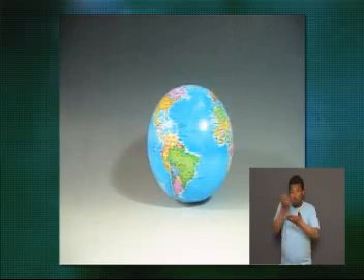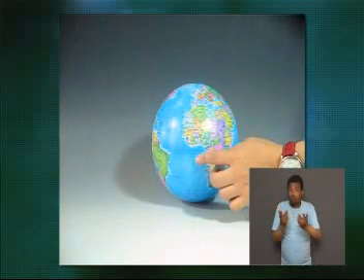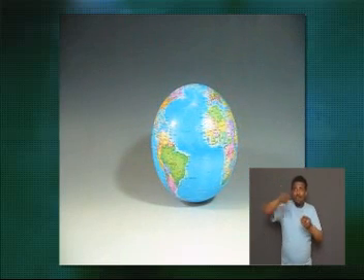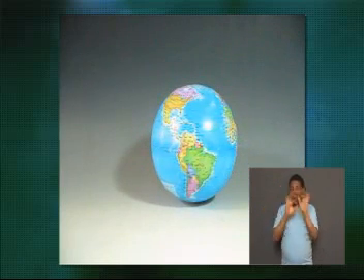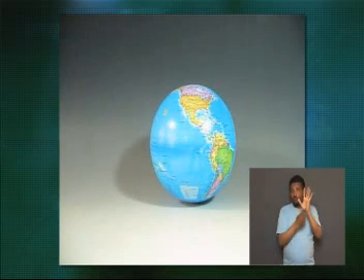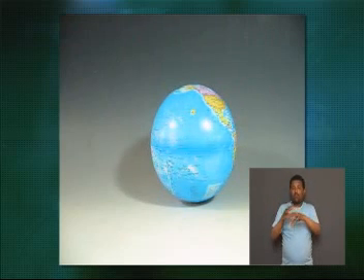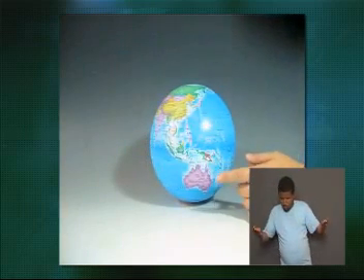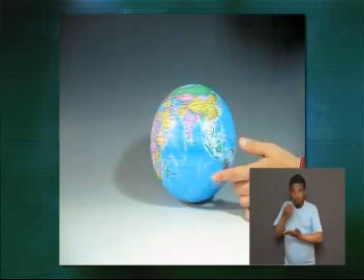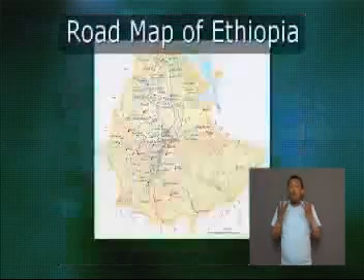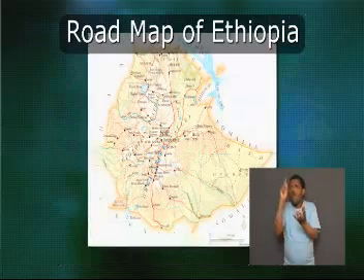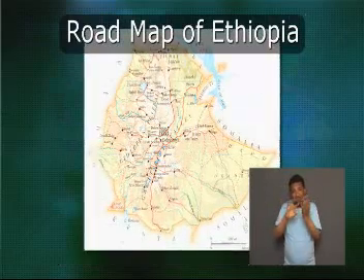Another reason for preferring maps to globes is that a globe must be rotated to show the entire surface of the Earth, while a map is more visually convenient because it can be laid flat. Most globes are smaller than 1 meter in diameter.